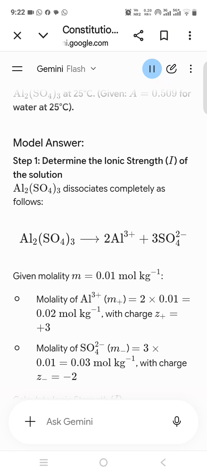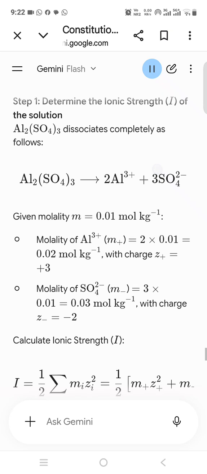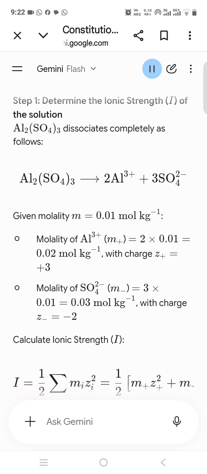Model answer. Step 1. Determine the ionic strength, I, of the solution. Al_2(SO_4)_3 dissociates completely as follows. Given molality m equals 0.01 mol kg^-1, molality of Al^3+, m_+, equals 2 times 0.01 equals 0.02 mol kg^-1, with charge z_+ equals +3.